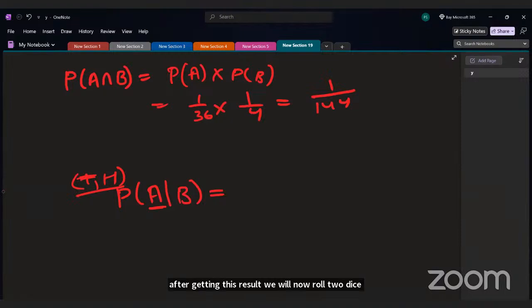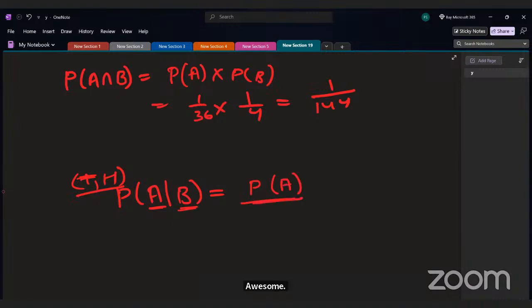No. Even after B occurred, the probability of A given B is simply equal to PA. That's what an independent event is.